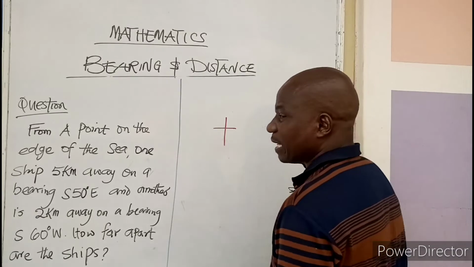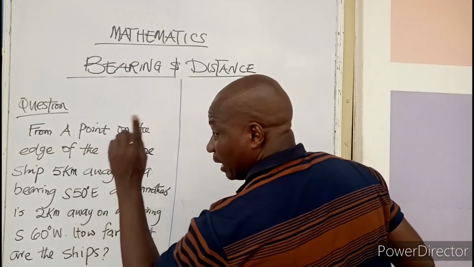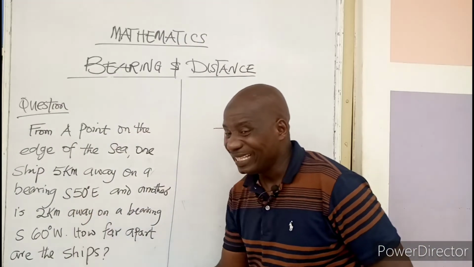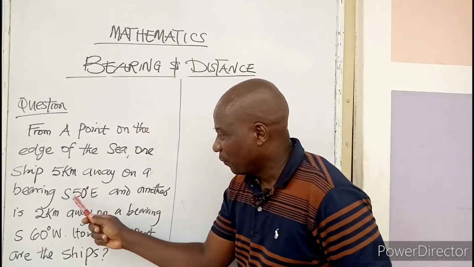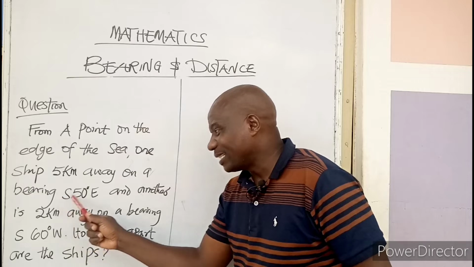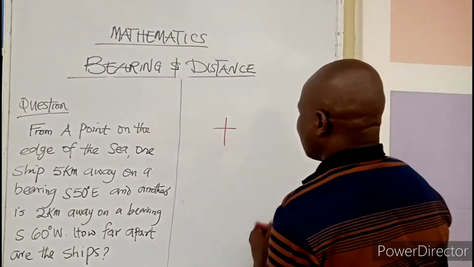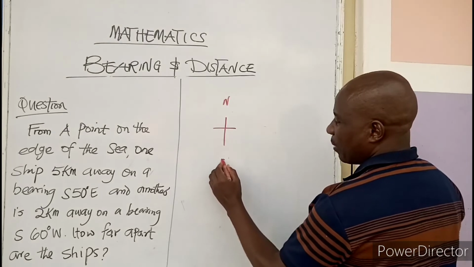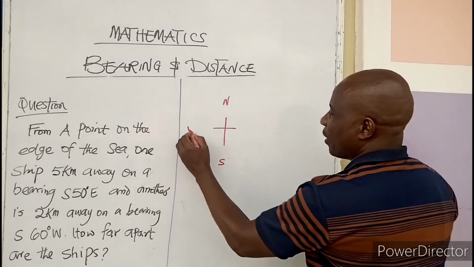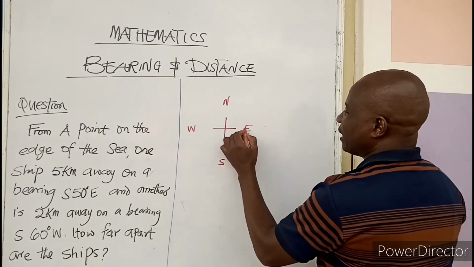The bearing is 50 degree, listen, 50 degree southeast. See the way I pronounce it. 50 degree southeast. Now here, let's go. This is our north. This is our south, this is our west, and of course this is our east.